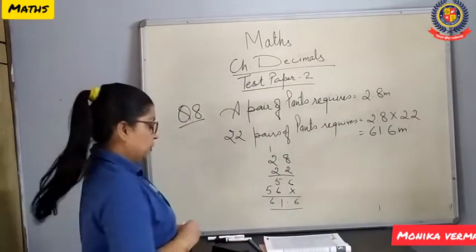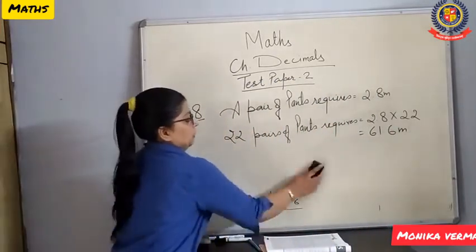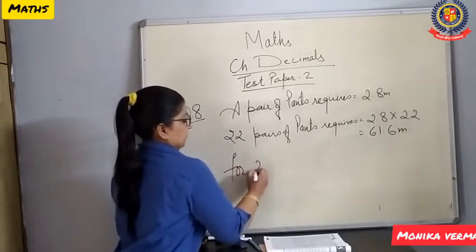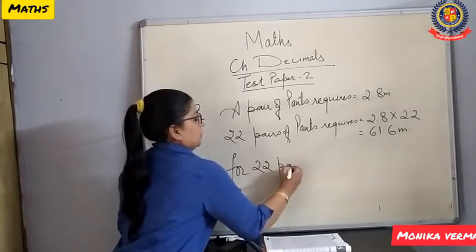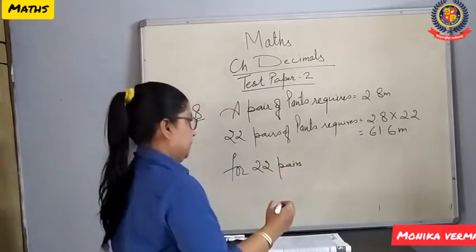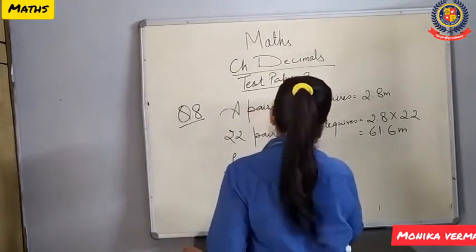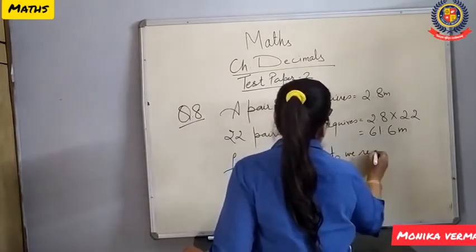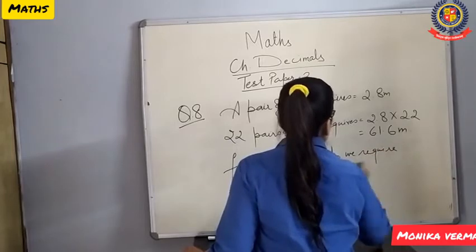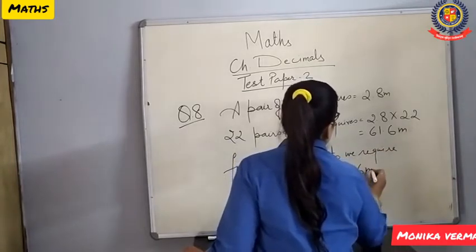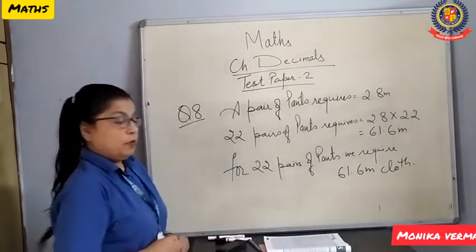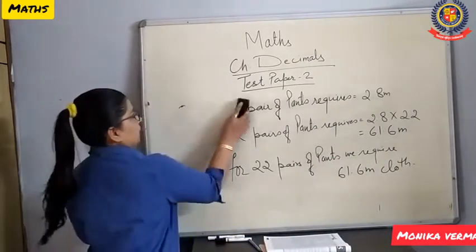Now we can write: for 22 pairs of pants we require 61.6 meter cloth. Okay, you have to write the answer statement properly.